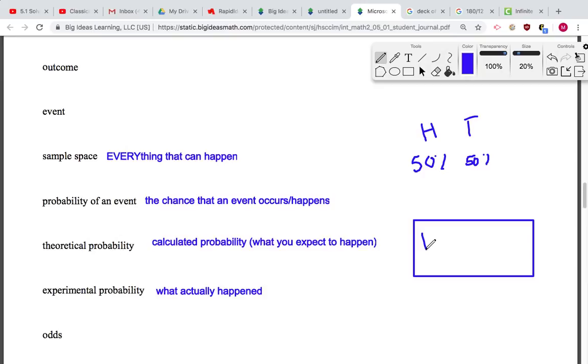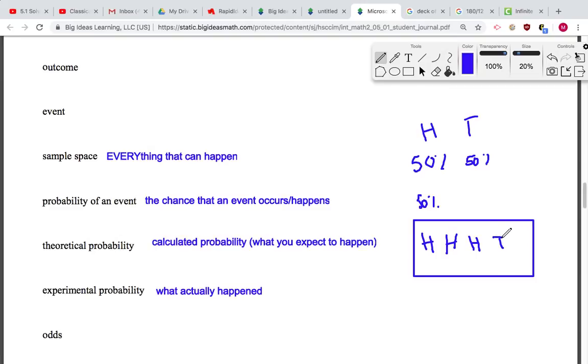And the first one was a head, and then the second one was a head, and then the third one was also a head, and you're like, oh, heads only has a 50% chance of coming up. How could I get it 3 times? Well, there's a theoretical probability, which is 50%, versus the experimental.